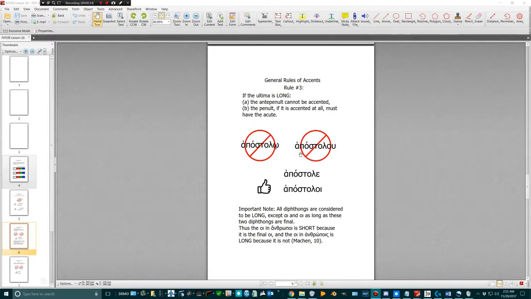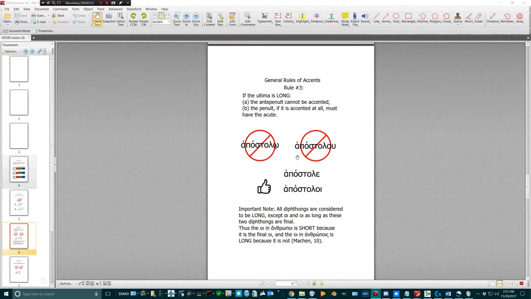Another example is the word apostolou. This is long, and if that's the case, that antepenult cannot be accented at all as well, and that's what it's saying. So if it's a long here and a long here, the antepenult cannot be accented.